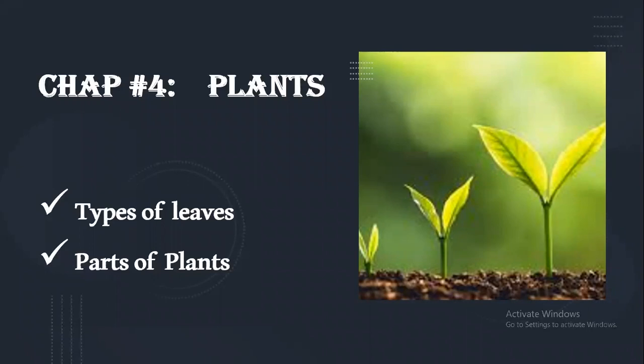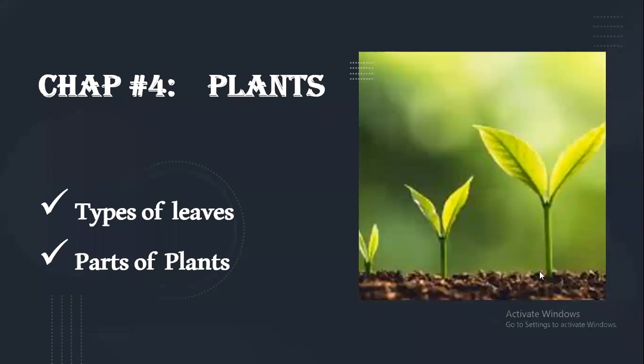Okay. So today we are going to learn about types of leaves and parts of plants. Here you can see the picture of a seedling, the plant at the initial stage of growth.